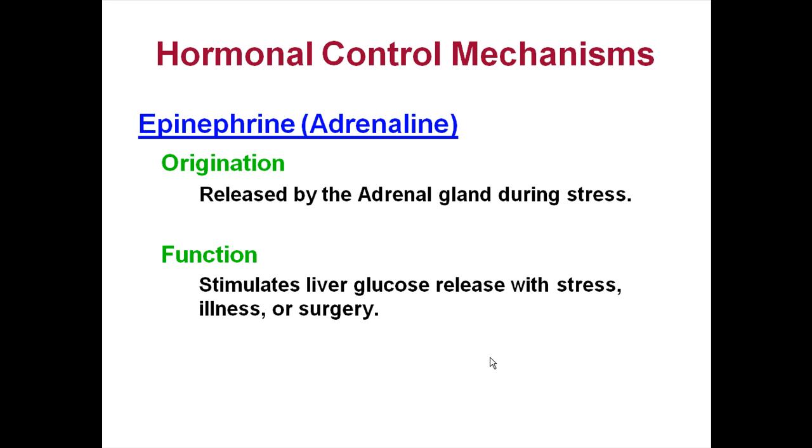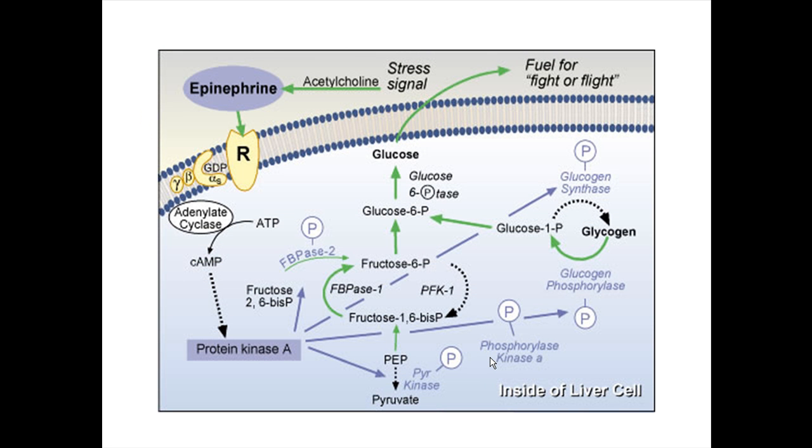So, epinephrine is supposed to be for very short term. It's supposed to be fight or flight, a real quick response, so you either get out of there or fight and get it over with. But over the long term, if you're under fear or stress for long periods of time, then it can have an effect on hypoglycemia.